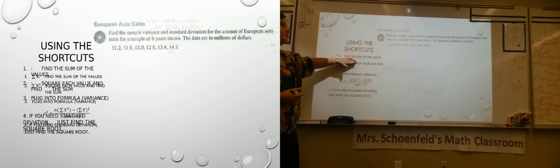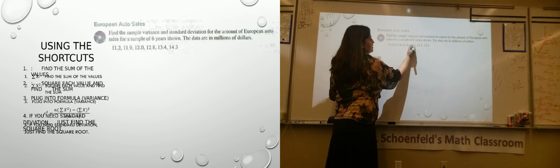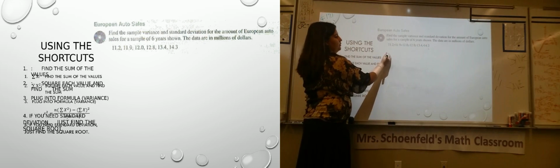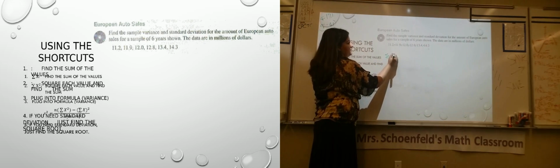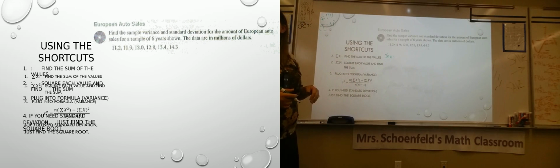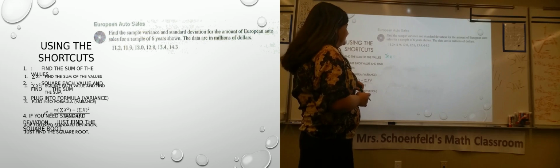Okay, so we're going to find the sum of the values. We're going to have all of these added together. We'll write that the sum of the values is equal to something. Anybody adding? You guys are good.